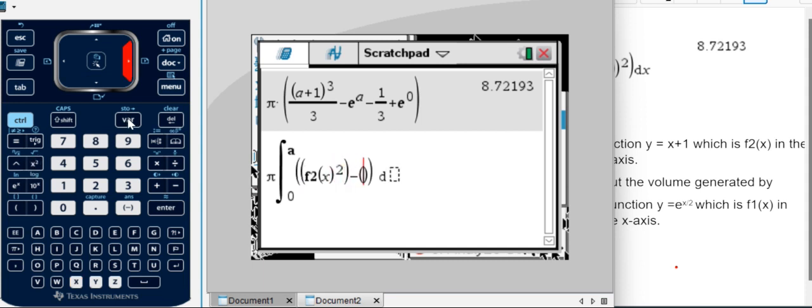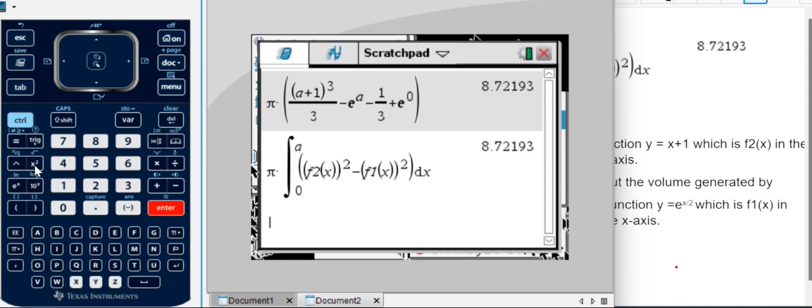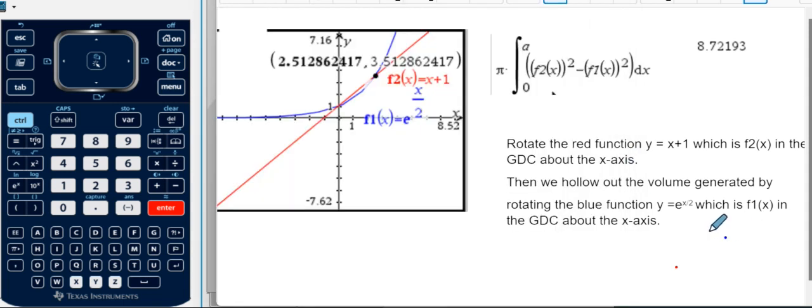Minus vars again for my exponential function, which is f1, x, and then square. And then put here the x, and then I press the answer. So you can see that they're exactly the same thing, obviously, right? So you can also do it this way.